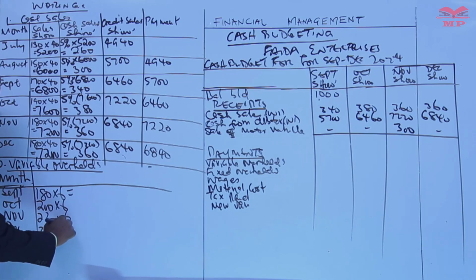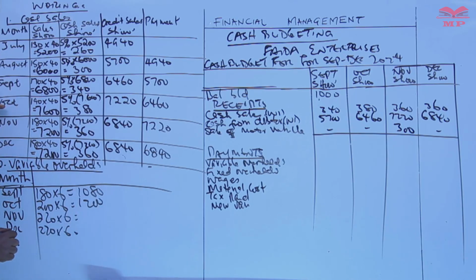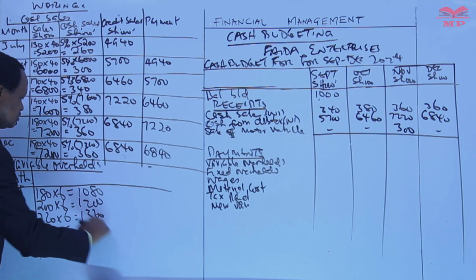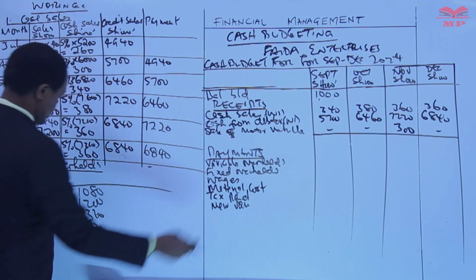That's how to calculate the overheads: 1080, 1200, 1320. So that is working number 2 for variable overheads. So that's how to calculate variable overheads.